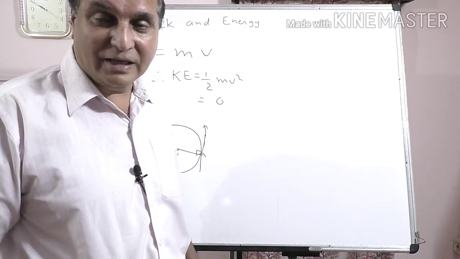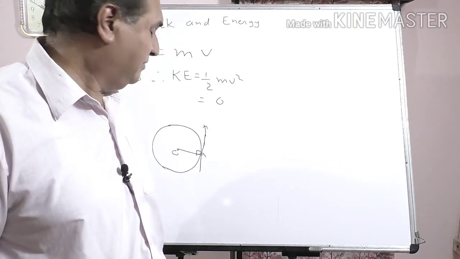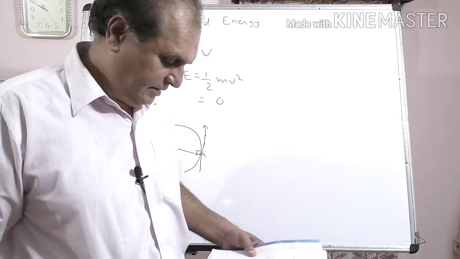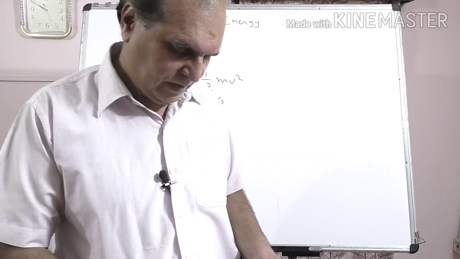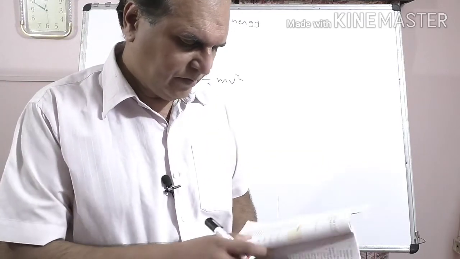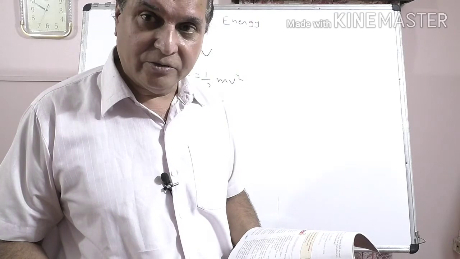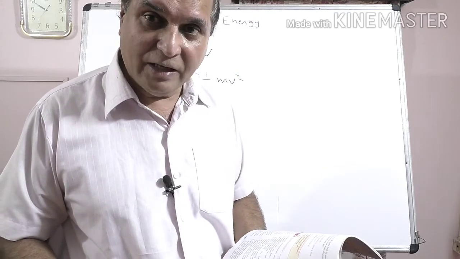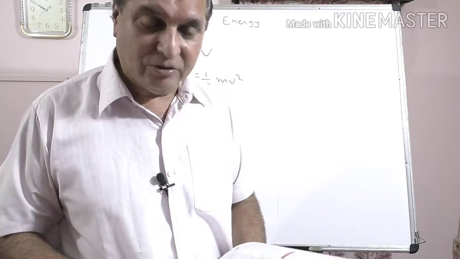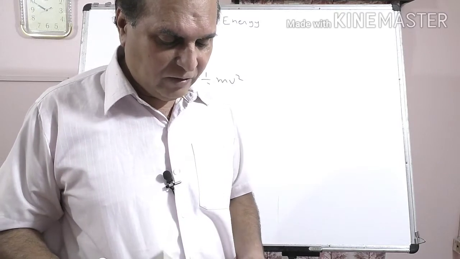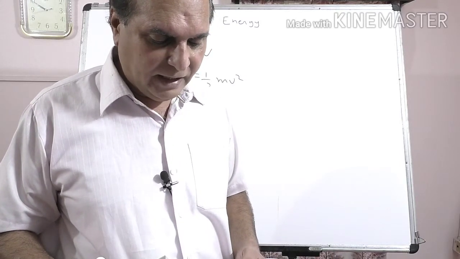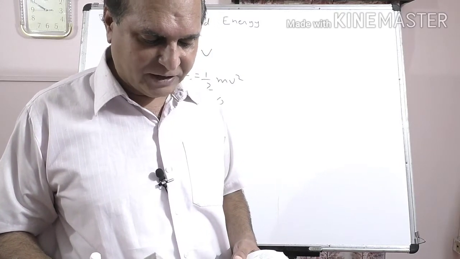We have done this in the last chapter. Now, choose the alternative. Alternatives are given, I am just discussing. You can write down. For work to be performed, energy must be. There are 4 options.